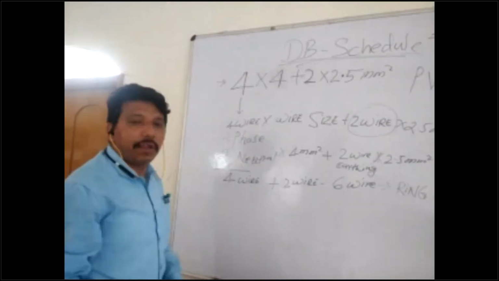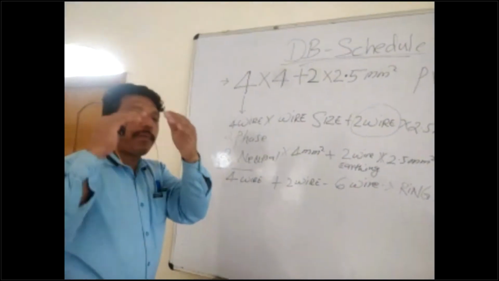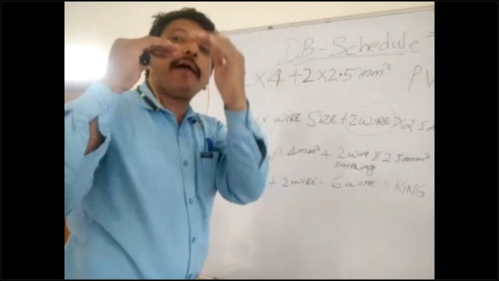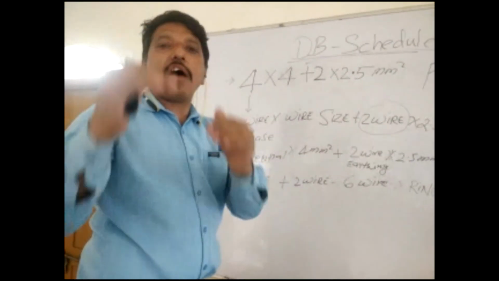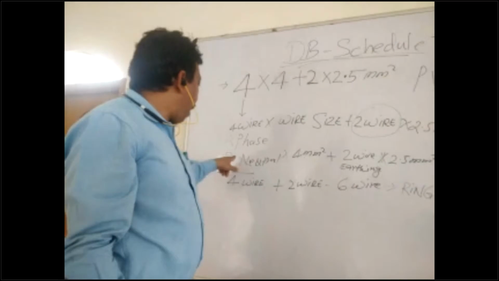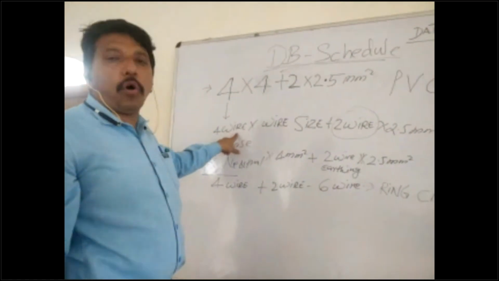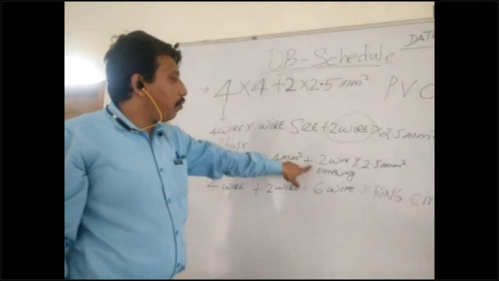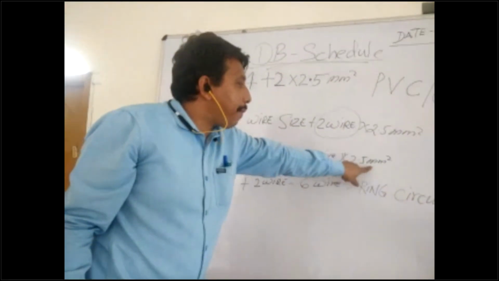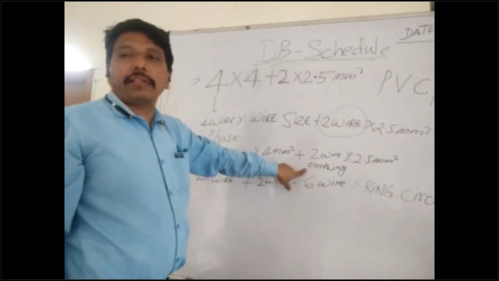Guys, the earthing wire is always a lower value than the power cable. Our power cable is 4 mm square, so we can use 2.5 mm square earthing wire.